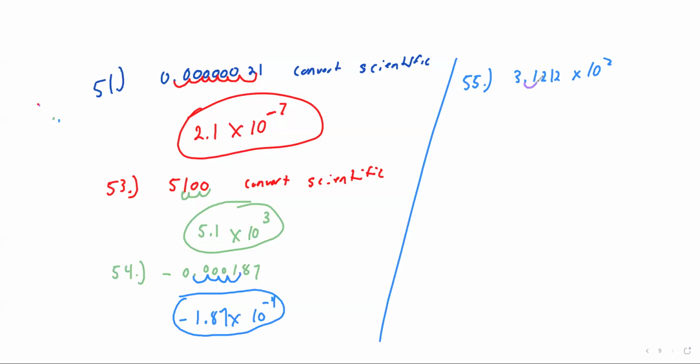That's 1, 2. So in this case, the number turns into 312.12. There you go. And that's pretty much what 1.3 is.